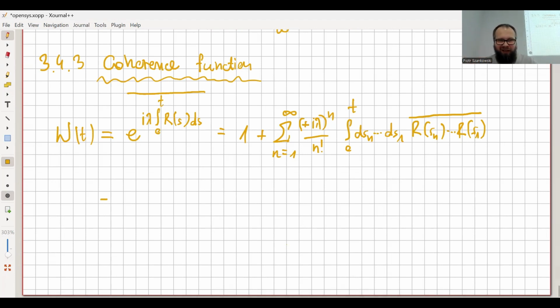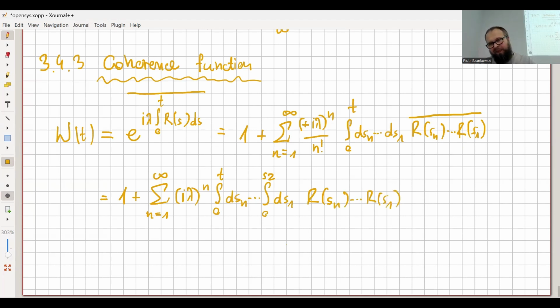So one small thing we have to do here to actually use our joint distributions, we have to order the integrals, which is a trivial thing to do here because stochastic processes are numbers that commute with each other, so there is no difficulty here. We just lose the n factorial.